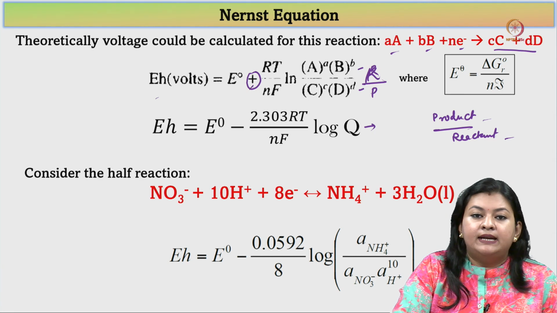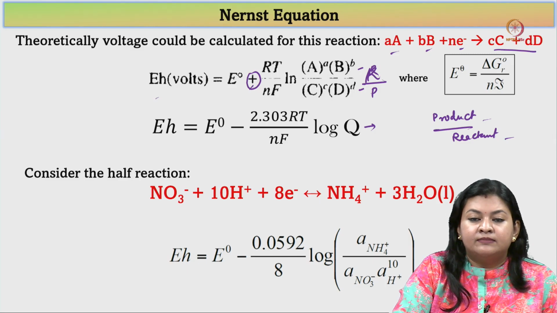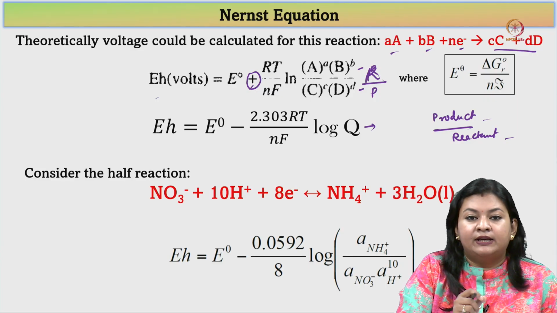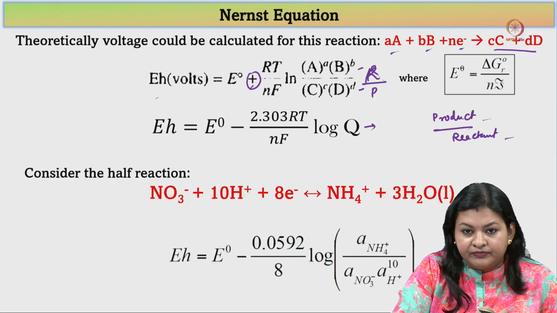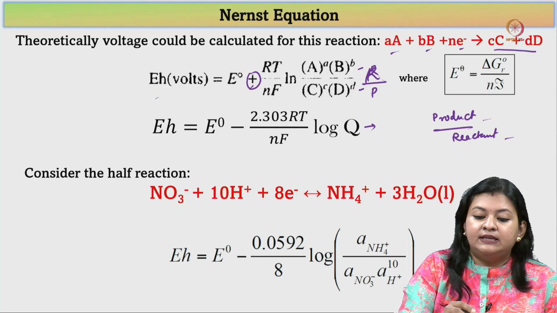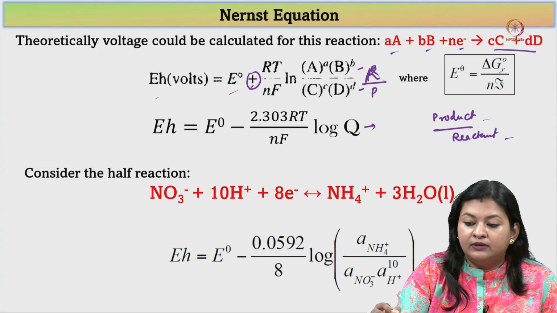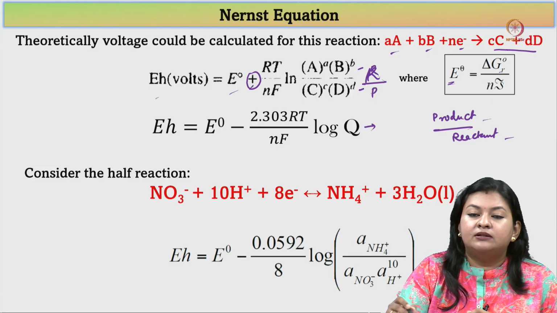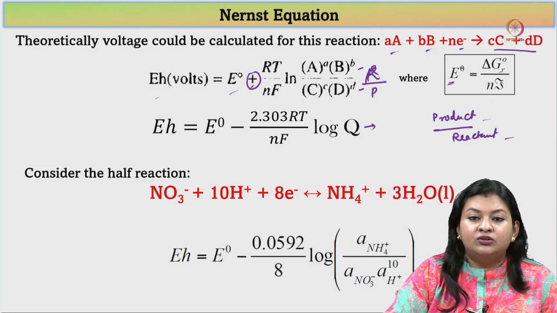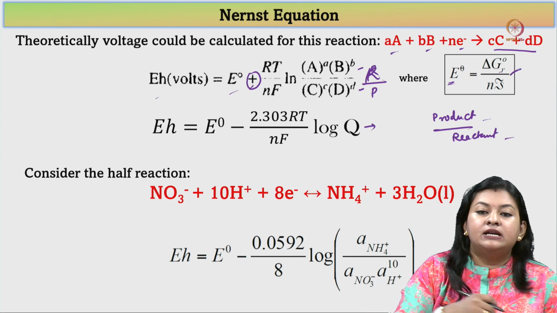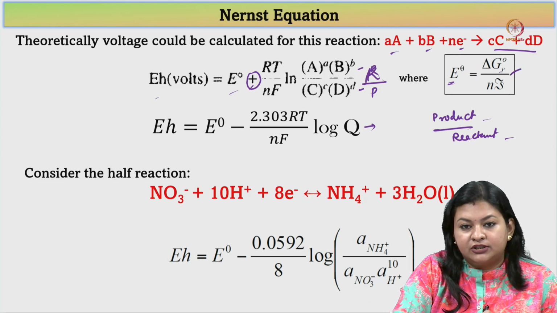Again in RT, R is my gas constant, T is my temperature, N is my number of electrons that is exchanged and F is the Faraday constant. And what is E0? E0 we know from this term, delta G0 of the reaction is equal to minus NFE0. So, E0 term is coming from the free energy of the reaction.